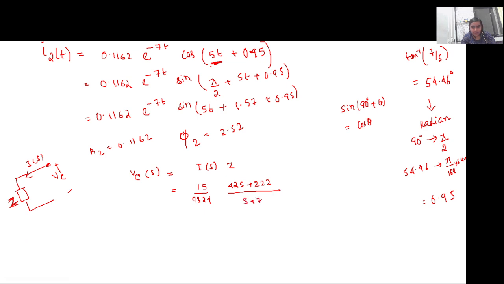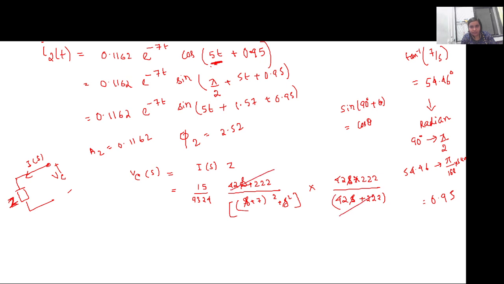S plus 7 whole square plus 5 square into Z. Z is 42s plus into 222 by 42s plus, so I'll write S like this, 222.